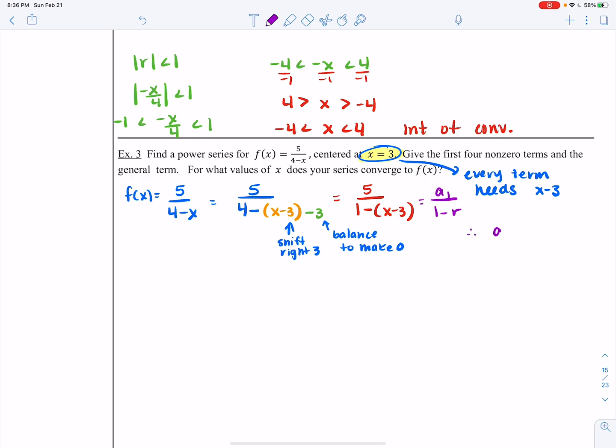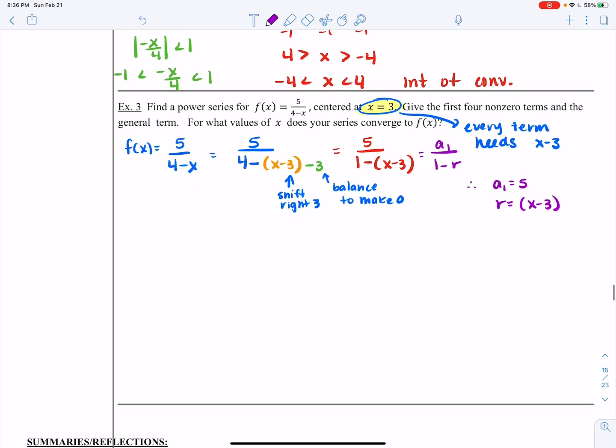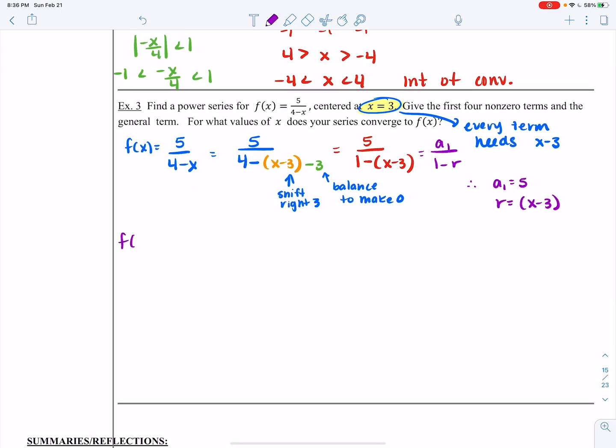And now I'm in the format of a1 over 1 minus r. That means that my first term is going to be 5. My common ratio is x minus 3. So let's build a series. That means that my function 5 over 4 minus x can now be approximated by the series. First term 5. I'm going to multiply by x minus 3, so 5 times x minus 3.